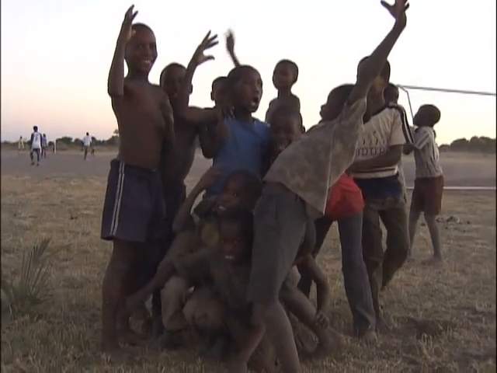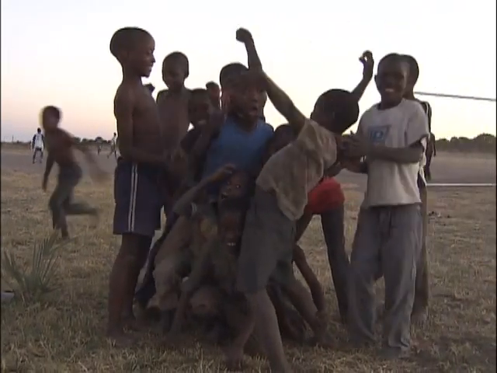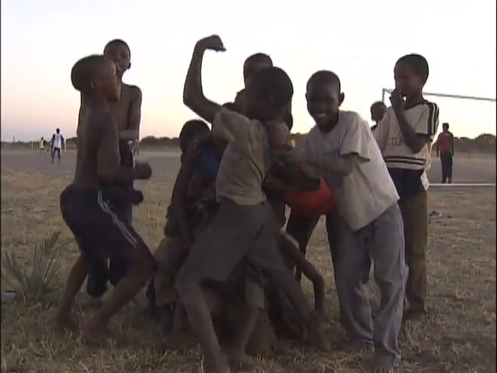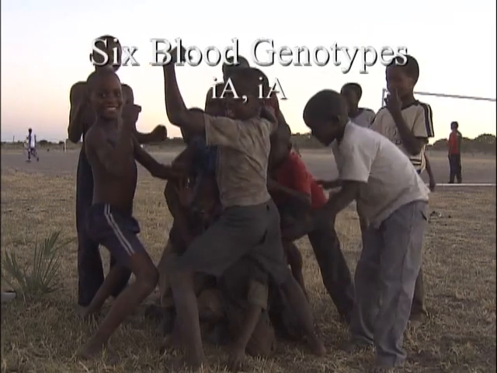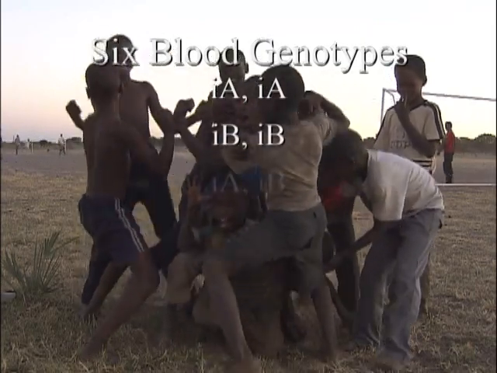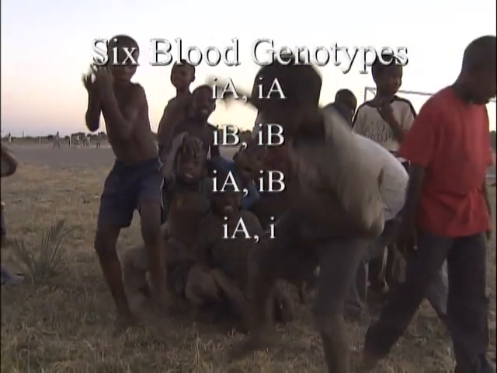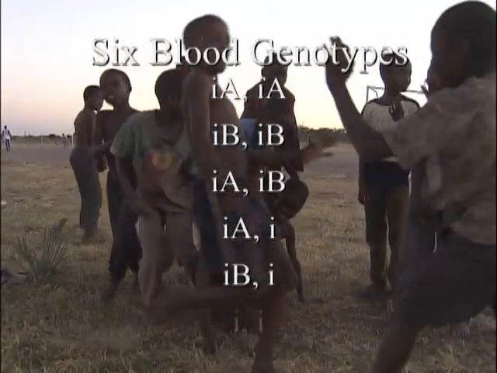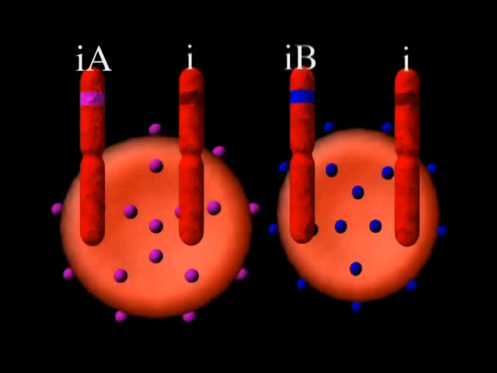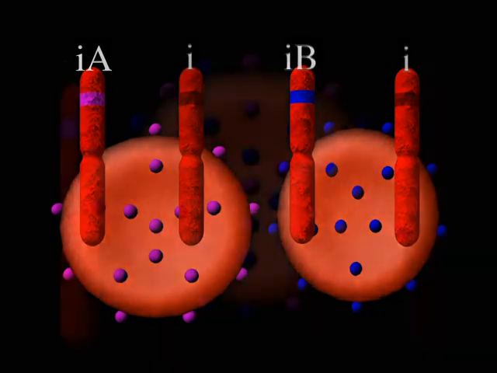These 3 alleles produce one of 6 different genotypes in a human being: IAIA, IBIB, IAIB, IAi, IBi, or ii. Both the IA and IB alleles are dominant to the i allele, and thus form A glycoprotein and B glycoprotein, respectively, if in a heterozygous pairing with an i allele.